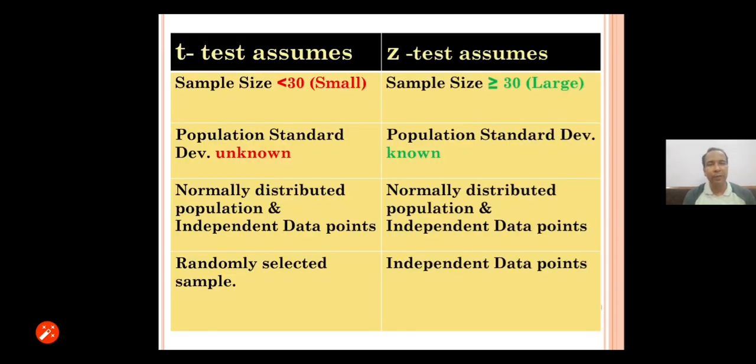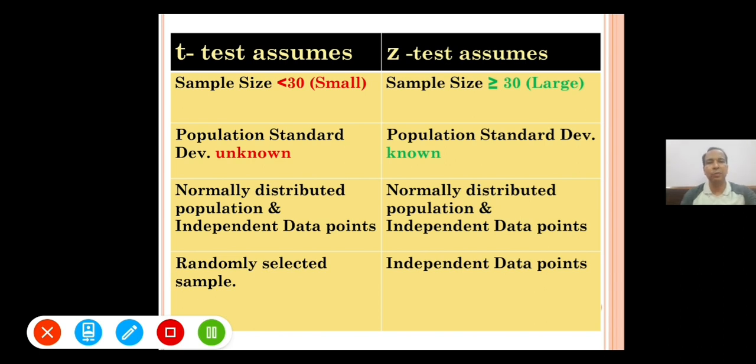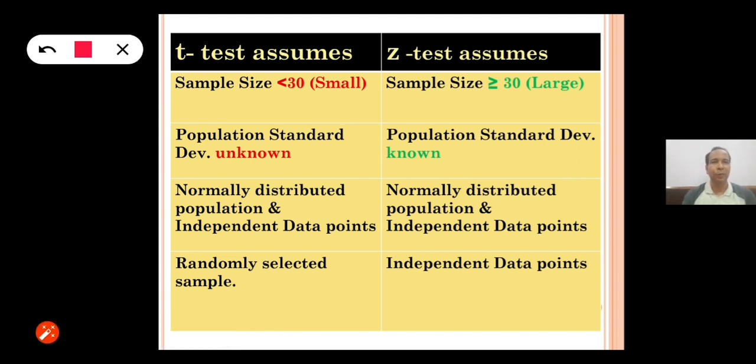Now let's compare the z-test and t-test, taking their assumptions. What are the assumptions of the t-test, and what are the assumptions of the z-test? The first thing that decides which test statistic will be applicable is the size of the sample.